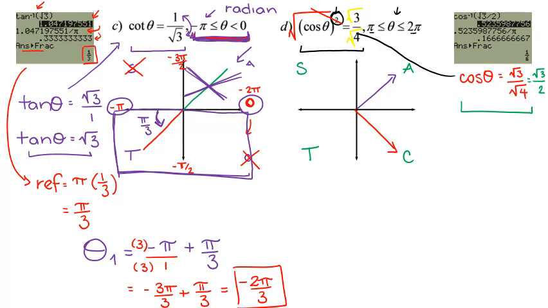Now, when I label my axes in radians, I've got 0, pi by 2, pi, 3 pi by 2, and 2 pi. Now, if I look at my intervals, my answer needs to fall in between pi and 2 pi. Okay, I don't want anything smaller than pi.